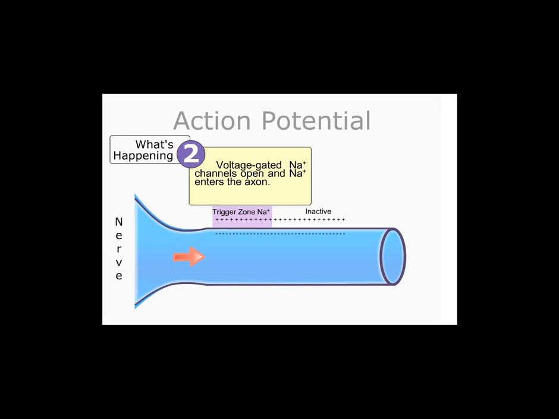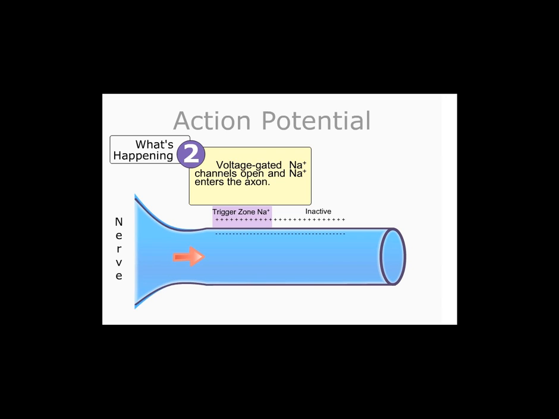So if we have enough stimulation on the cell body of a neuron such that we get some graded potentials, which again are due to sodium ions coming into the cytoplasm, this will cause enough local depolarization in this axon hillock region that we will all of a sudden open up a large number of those voltage-gated sodium channels.